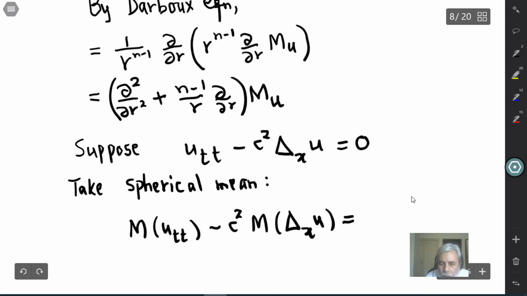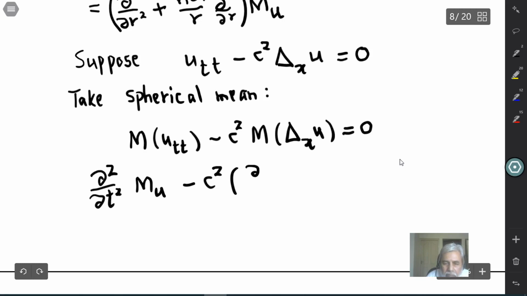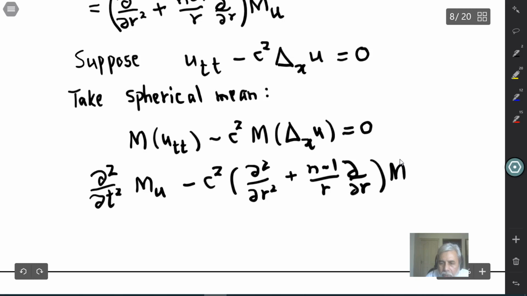And now look at the computations we have done, and this is just d square by dt square mu minus c square d square by dr square plus n minus 1 by r d by dr mu equal to 0.